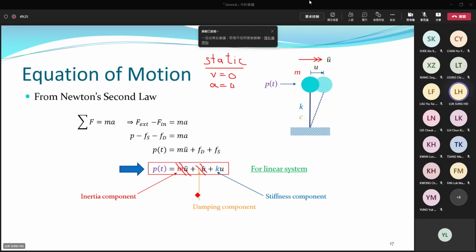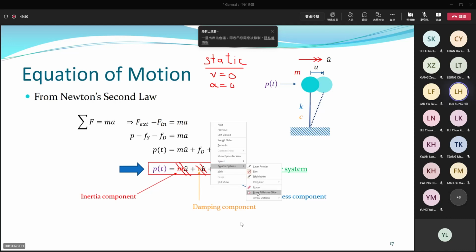It becomes your classical formula: force equal to stiffness times displacement. Actually, you can convert this equation of motion back to the static model by substituting velocity and acceleration equal to 0. So it proves that static is just one special scenario of dynamics in which velocity and acceleration equal 0.